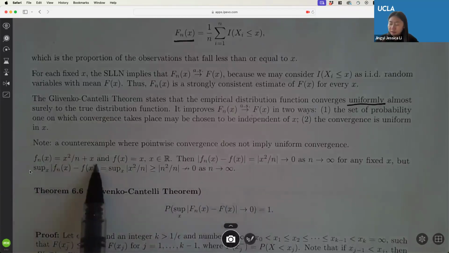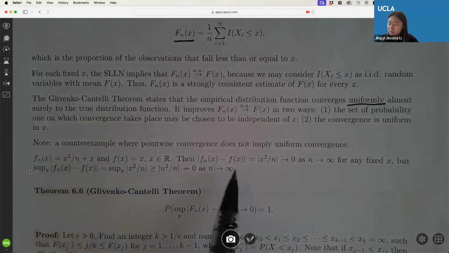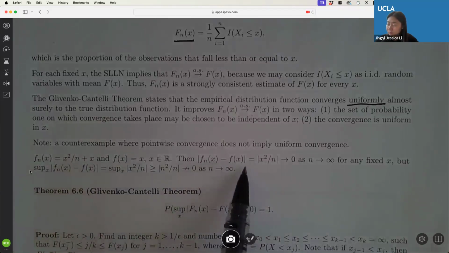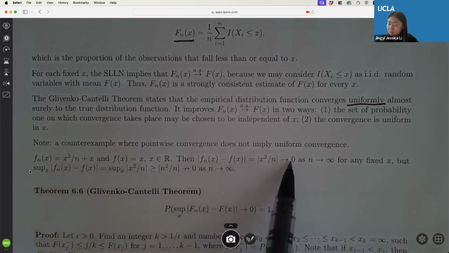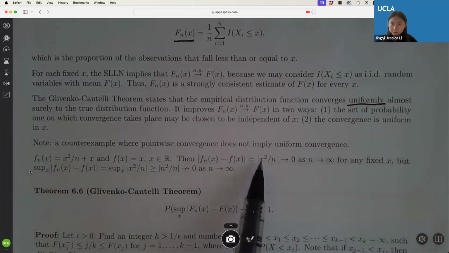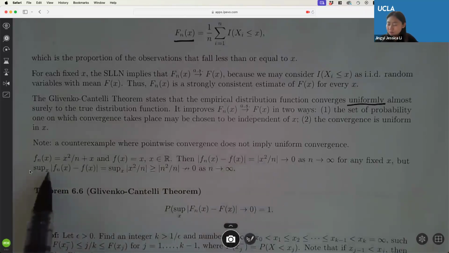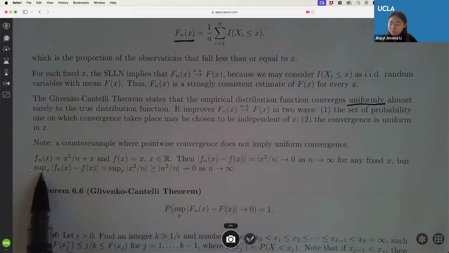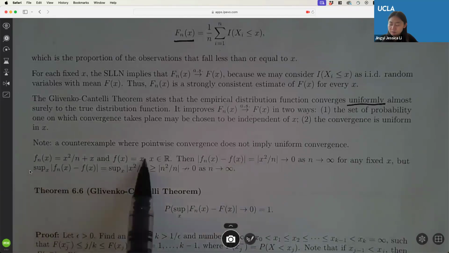So yes, for a fixed x, if you let n go to infinity, this goes down to 0 for any fixed x, right? So you do have pointwise convergence. But now if you let x change, and x can be anywhere, then if you take the sup of this, basically the sup of the difference is the sup of this.